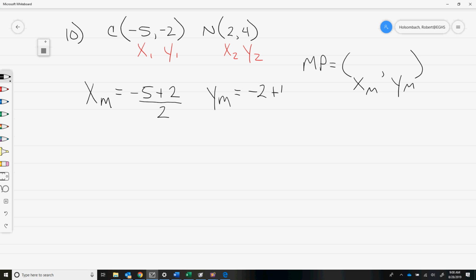So our X in the middle, -5 plus 2 is -3, divided by 2 is -1.5. And your Y in the middle, -2 plus 4 is 2, divided by 2 is 1. So your coordinates of the midpoint are -1.5 and 1.